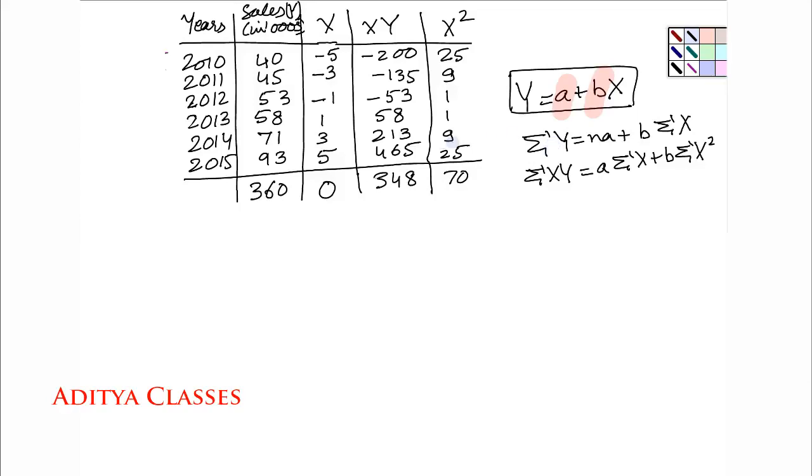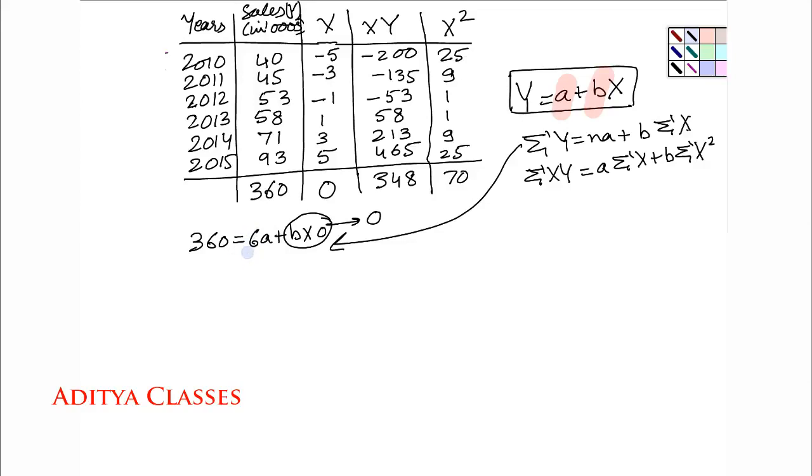Sigma y is 360. So this equation becomes 360 is equal to na. N is number of pairs. So here I have 1, 2, 3, 4, 5 and 6. 6a plus b sigma x. Sigma x is 0. So b gets multiplied to 0 and for all practical purposes this is 0.